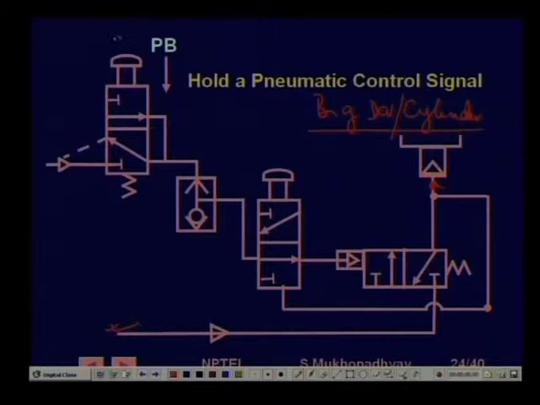Now, you can see that this is a 3-way 2-position DCV, and suppose this is the start PB. Suppose I press this. Initially, this is the port. If this gets pressure, then the valve will shift and be in this position.